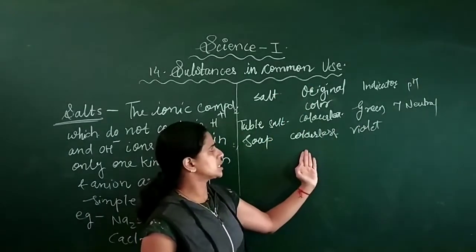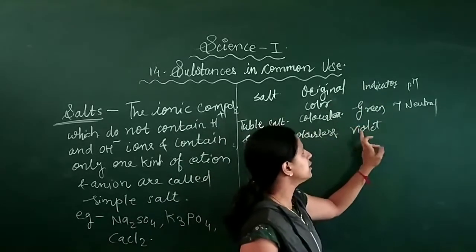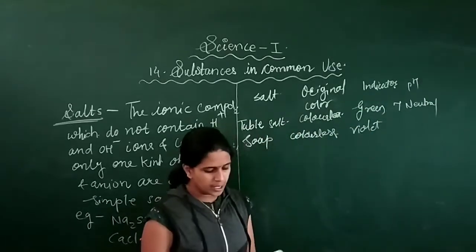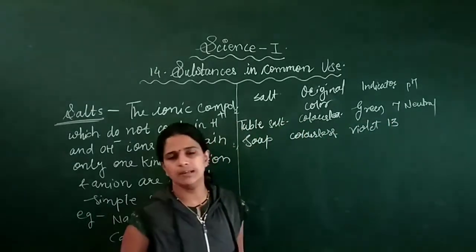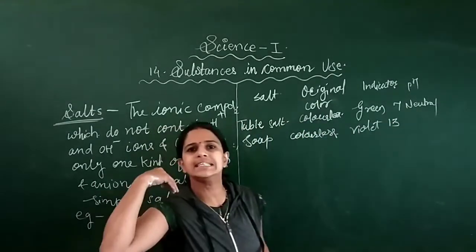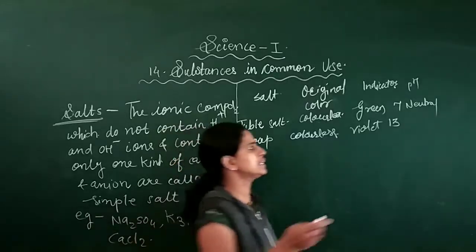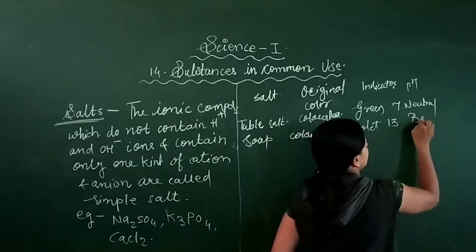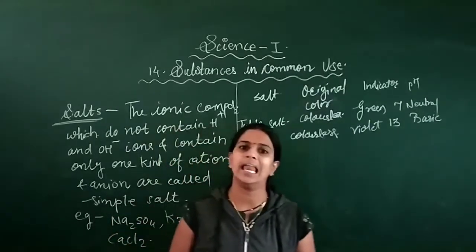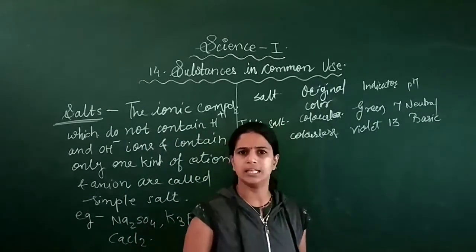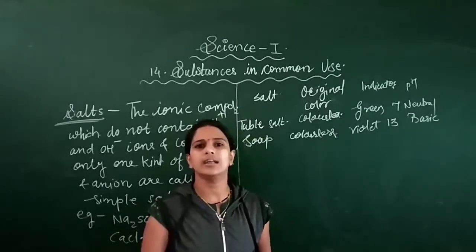When we put the indicator, it becomes violet. Then the pH value is 13. You know that if the pH value is more than 7, then it is basic in nature. So just write down basic, or you can put alkaline also. Either basic or alkaline.